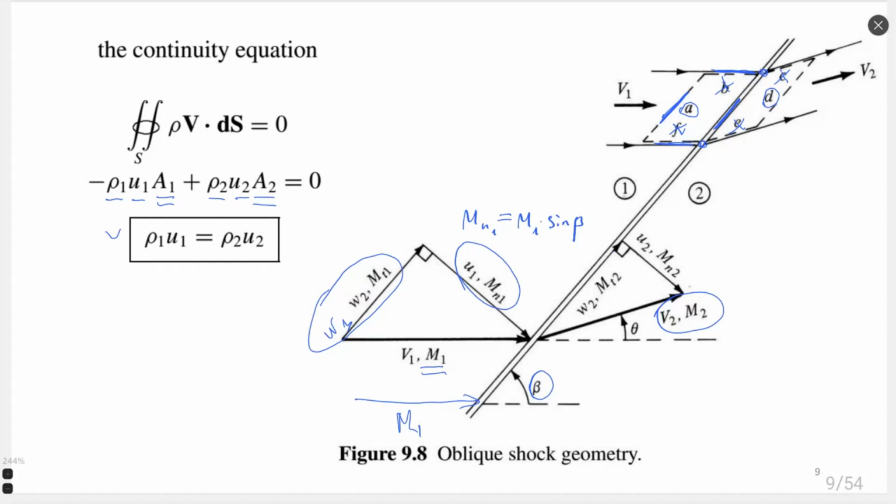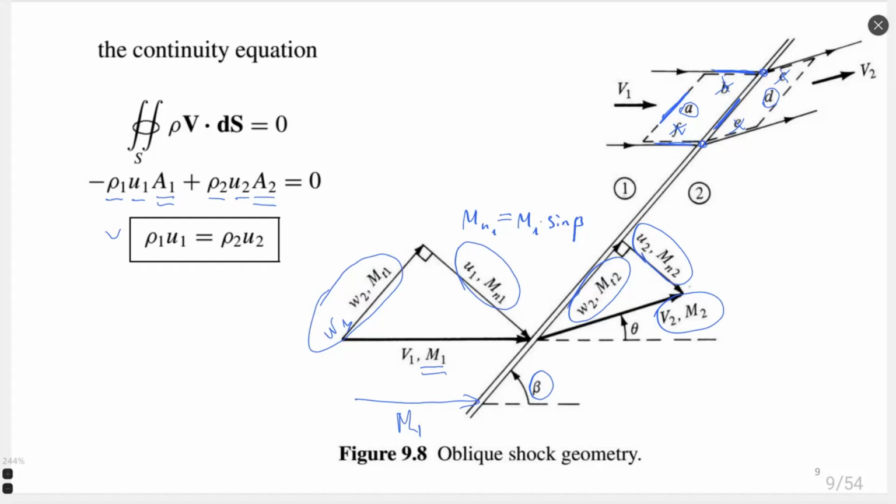We have one normal component, Mn2, that is the Mach number normal to the oblique shock wave, and we have Mt2, the Mach number which is tangential to our shock wave.